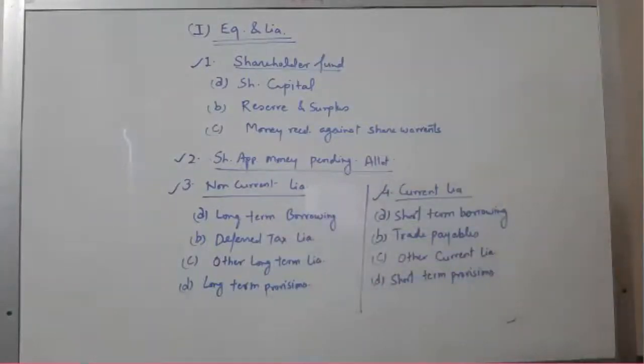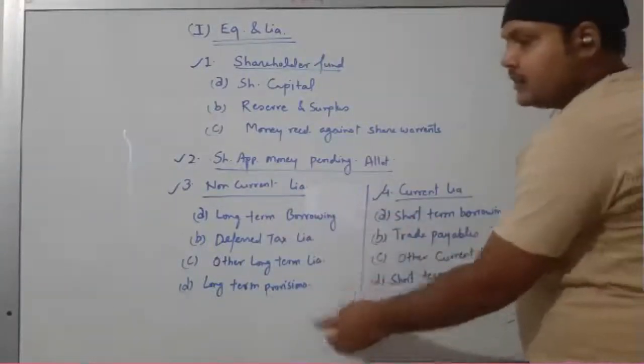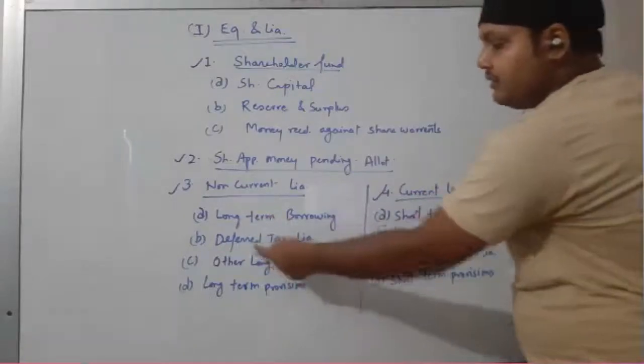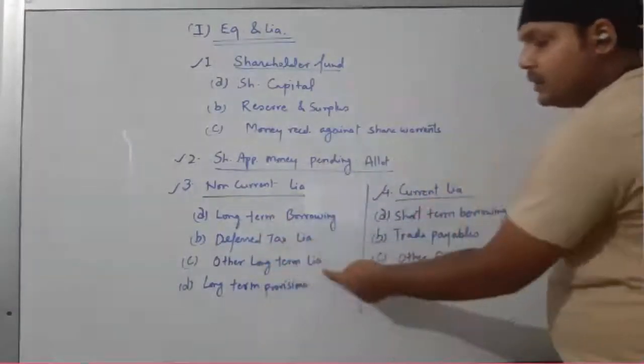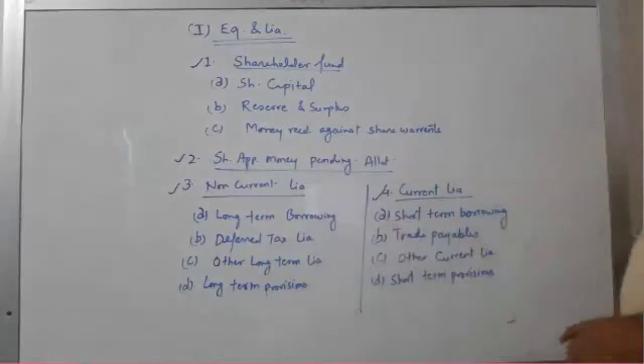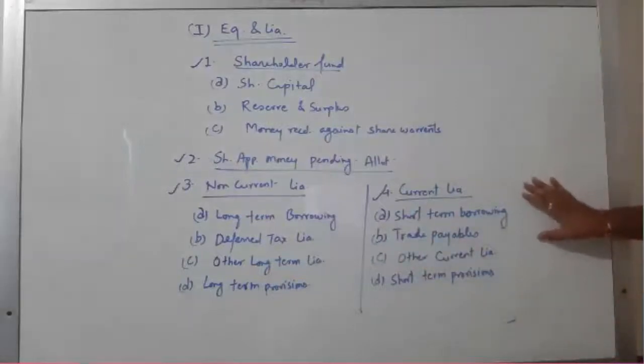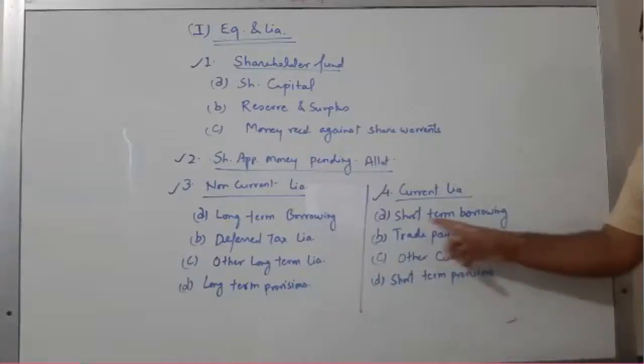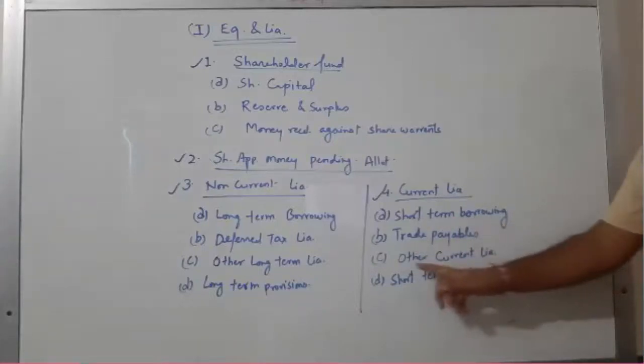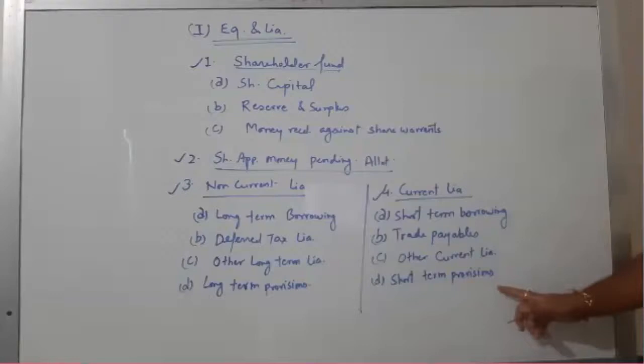Under the non-current liability, there are long-term borrowing, deferred tax liability, other long-term liability, and long-term provisions. And last but not the least, the fourth head of the equity and liability side, that is current liability: short-term borrowing, trade payables, other current liability, and short-term provisions.